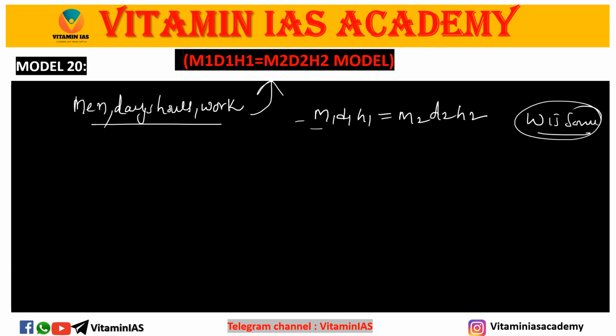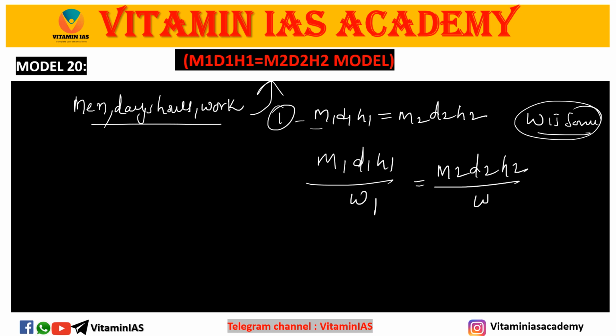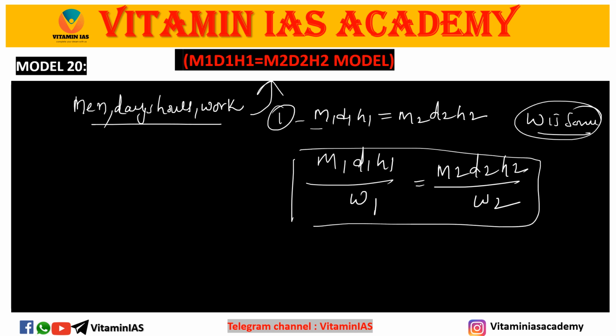This is one type of formula: M1 D1 H1 by W1, where W1 is work 1, is equal to M2 D2 H2 by W2. This will be the formula for the MDH method when the work is not the same.